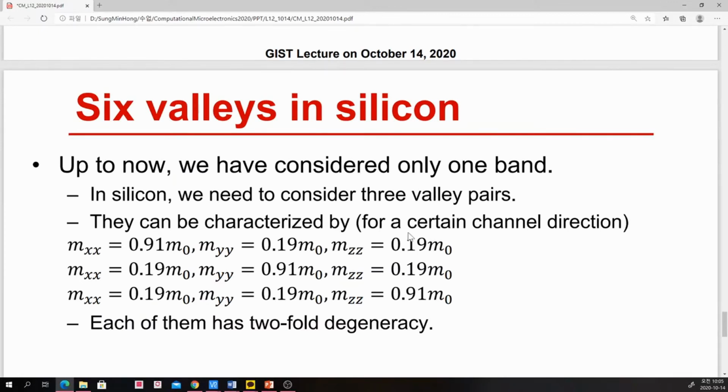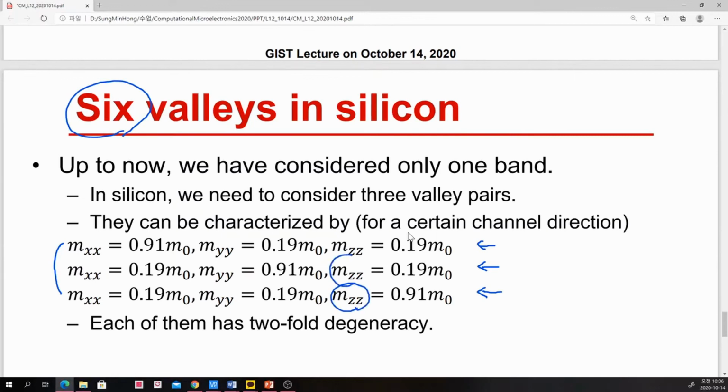But you know that we have not only one single valley, but we have 6 valleys with different mass tensors. So in order to actually calculate the electron density in realistic silicon conduction band, we have to consider 6 different valleys. Since it has different z-directional masses, you have to recalculate these quantities many times.